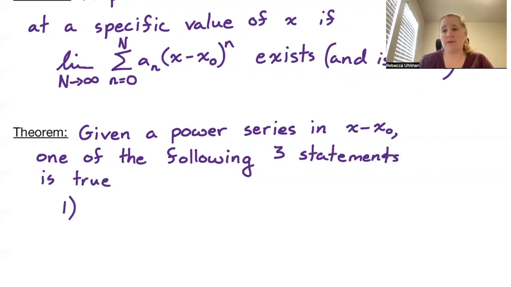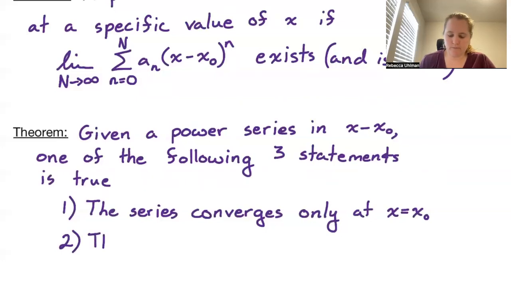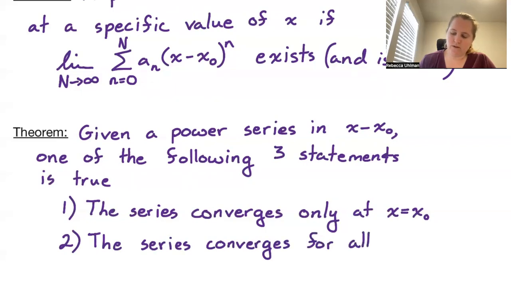Option 1, the series converges only at x equals x naught. Option 2, the series converges for all real numbers. So the series converges for all x in the real numbers.